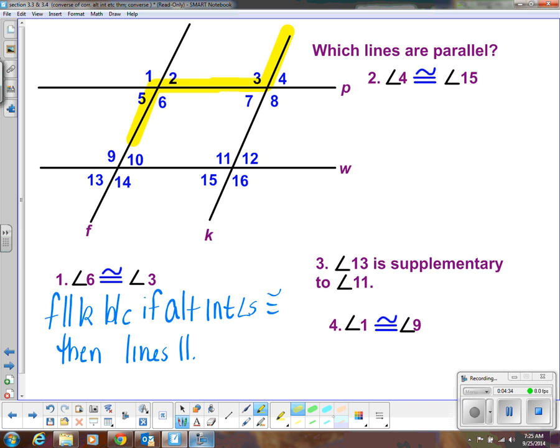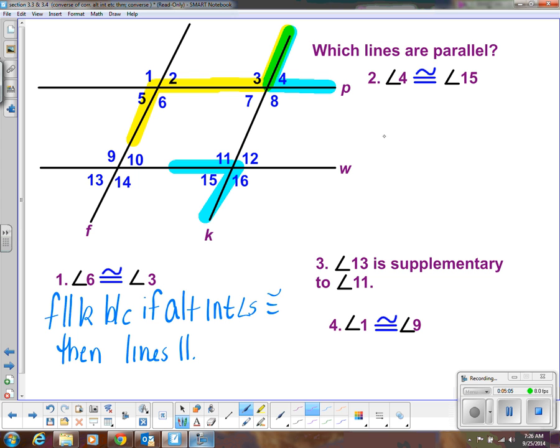So we get a different highlighter. Now we're going to do which lines are parallel. 4 and 15. So if I trace 4 and I trace 15, what kind of angles are those? Alternate exterior. So looking at these, the blue highlight, which ones must be parallel, Jeff? Excellent.